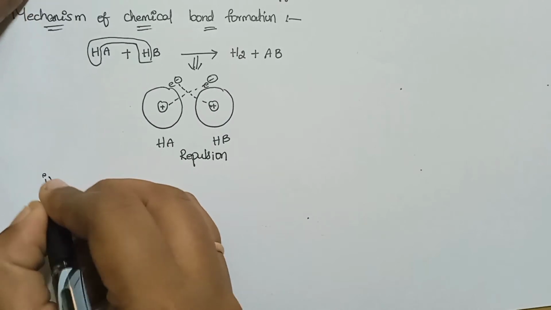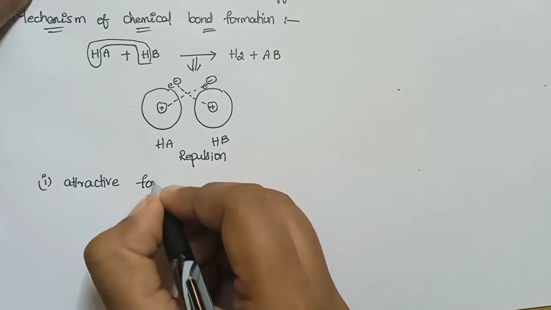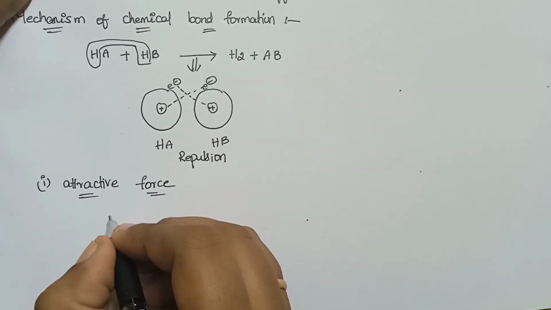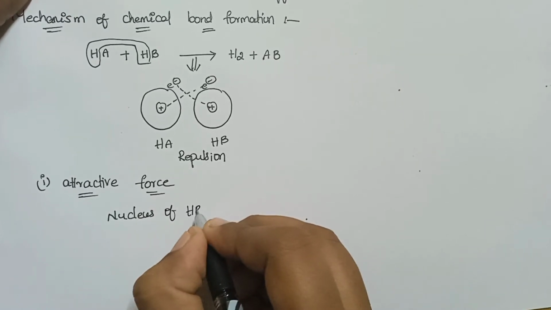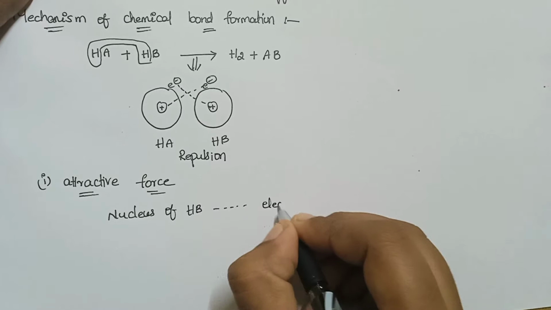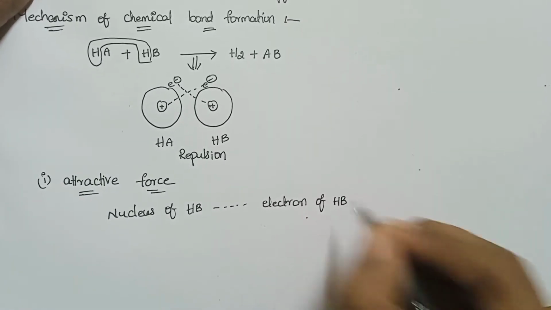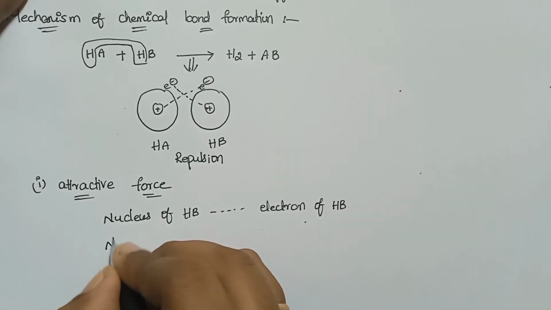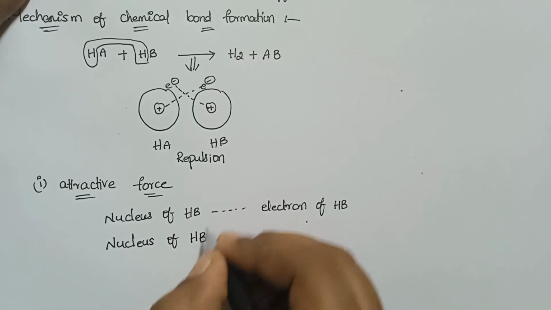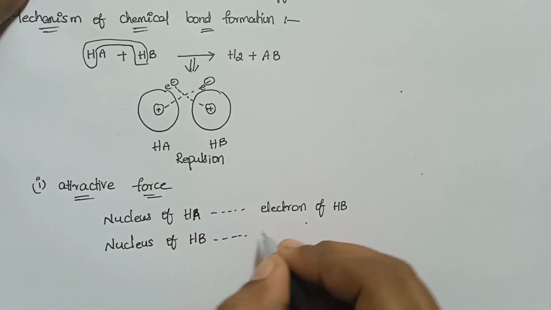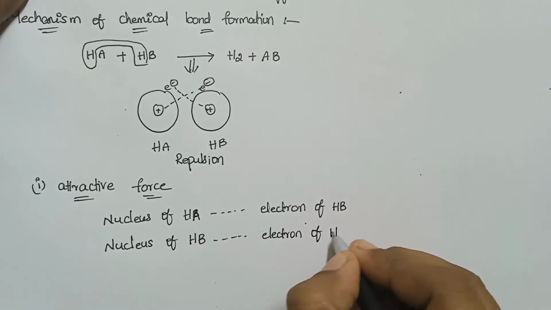So first one, attractive force. What is attractive force? Nucleus of HB and electron of HA, and the next one, nucleus of HA and electron of HB.